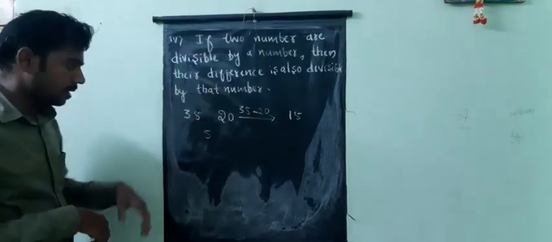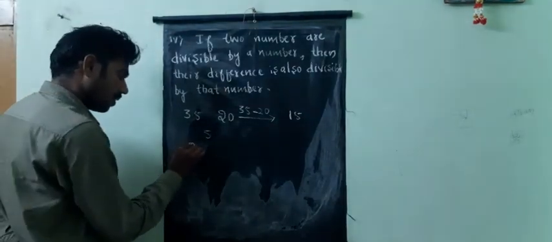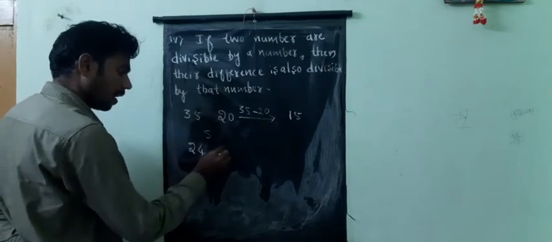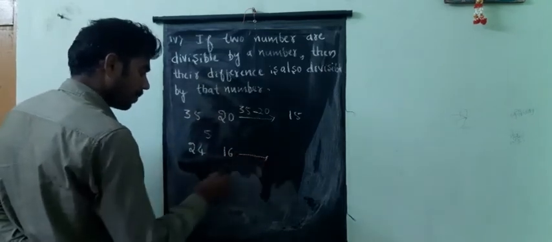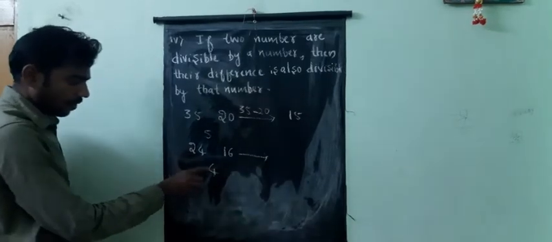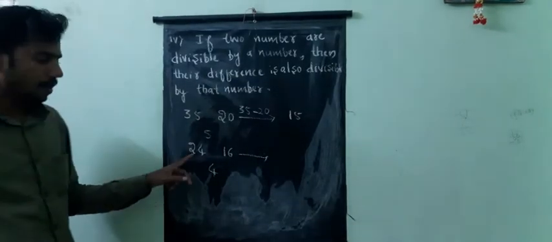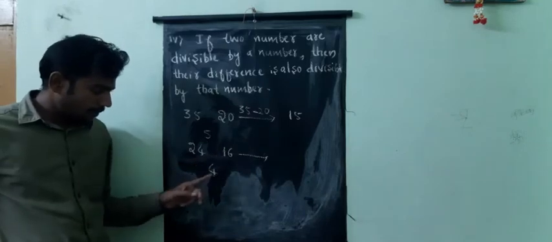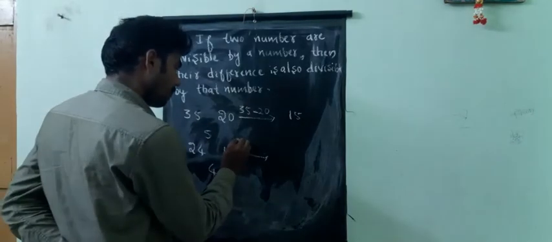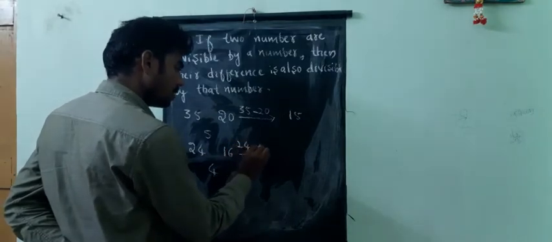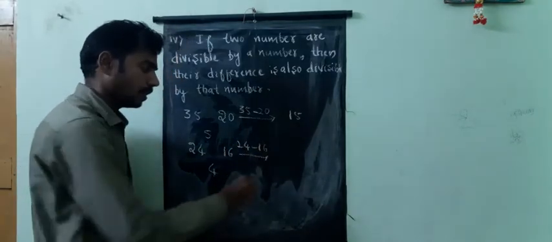Next, I will take one more example. 24 and 16. Is 24 divisible by 4? 4 sixes are 24. Is 16 divisible by 4? Yes, 4 fours are 16. And what is the difference? 24 minus 16 is 8.